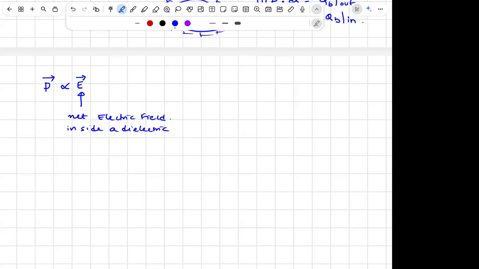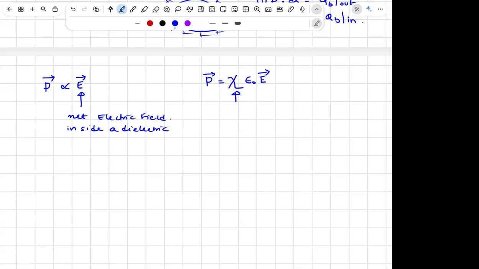So the polarization is directly proportional to E bar. And the polarization vector is equated to that by using a constant called chi. That symbol is the Greek letter chi: P equals epsilon naught chi E. Why epsilon naught? E bar and P bar dimensions are different. P bar has dimensions of charge per length square.